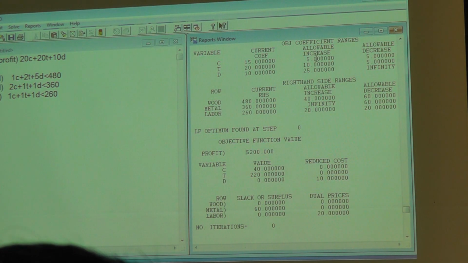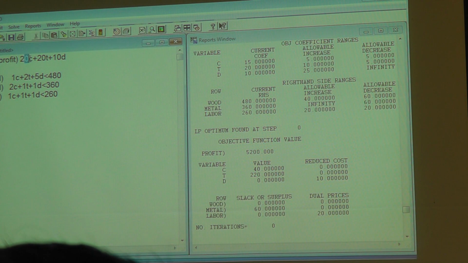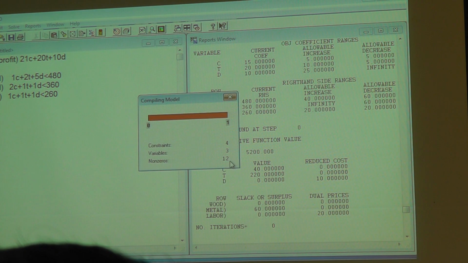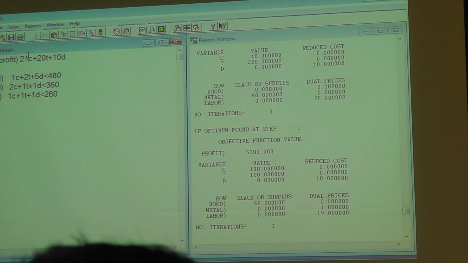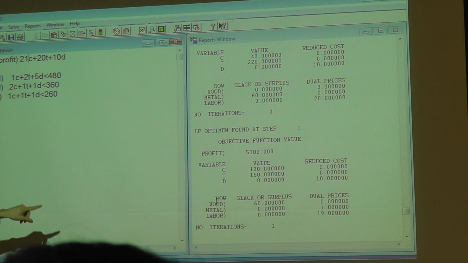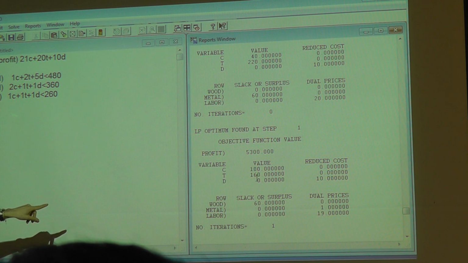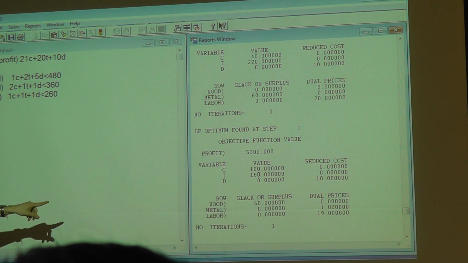So what this number tells you is that you can increase this coefficient that used to be 15 only by 5. If you increase it a little bit more, even by 6, like this, 21, then the solution will actually change. Let's check that this is so. Yes, if you derive a profit of $21, you change the optimal solution, and in fact quite a bit.